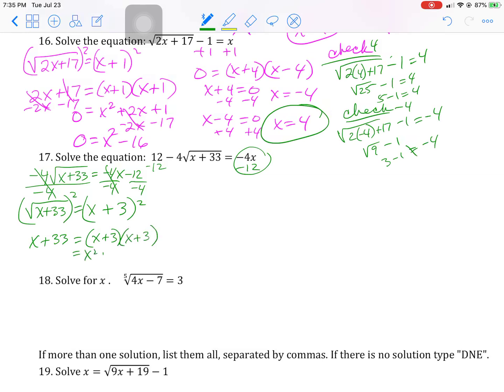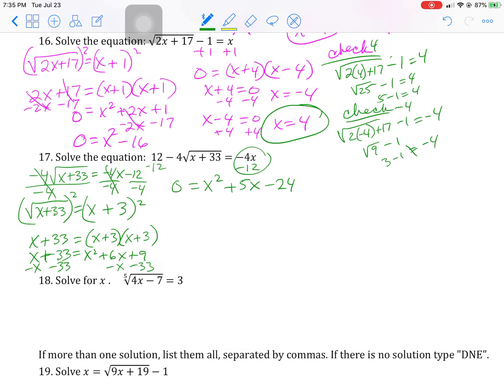So x squared plus 3x and 3x is 6x plus 9. X plus 33 needs to be moved over. All right, so 0 equals x squared plus 5x minus 24.